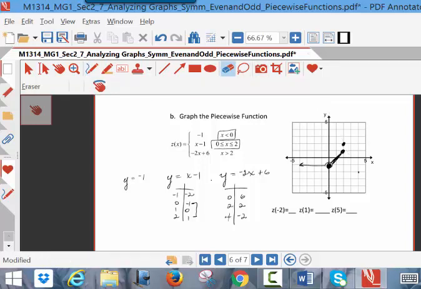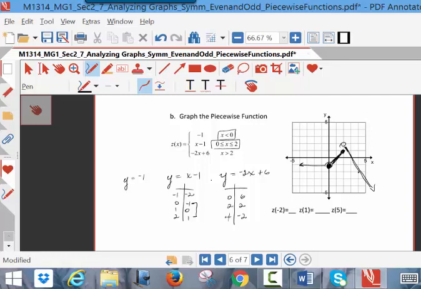Is this a filled circle or an open circle? Open circle, coming down. It's supposed to be a straight line, like that. And there's your piecewise function.